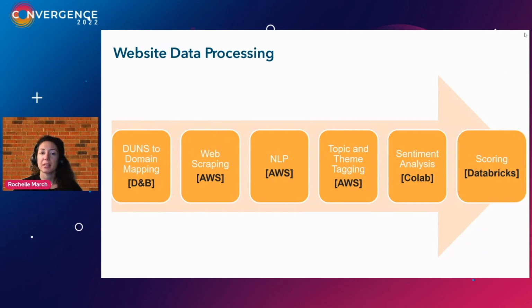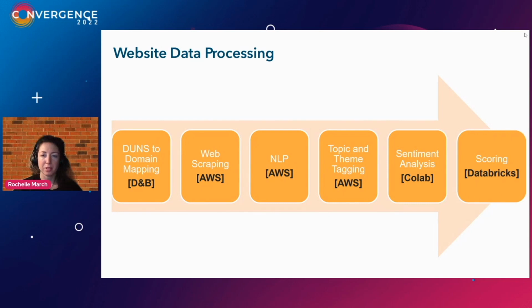Website data is pretty similar, with the exception that we're doing the DUNS to domain mapping, and the domain would be the URL that we glean for the company. So there, we're identifying the website and then linking it directly to the DUNS based on the information. Many times we may already have a website in-house linked to a company.